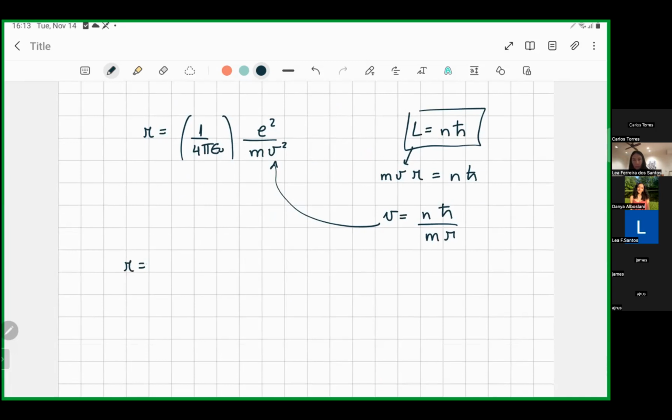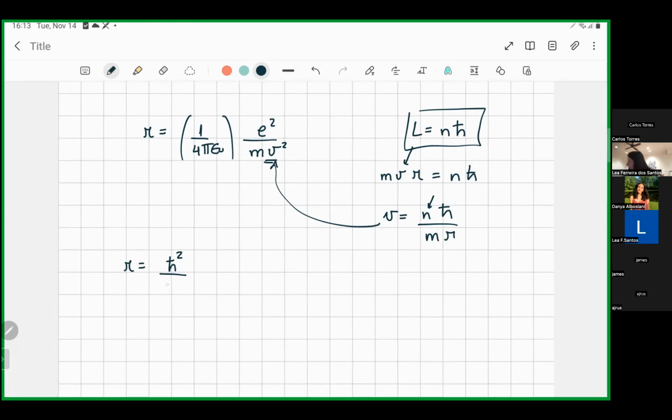Just by playing with these simple equations that you know from introductory courses in physics. To put the v here, we'll have to square things, which means this n here will be squared. So let me write what we get. We have h bar squared over, now let me see.